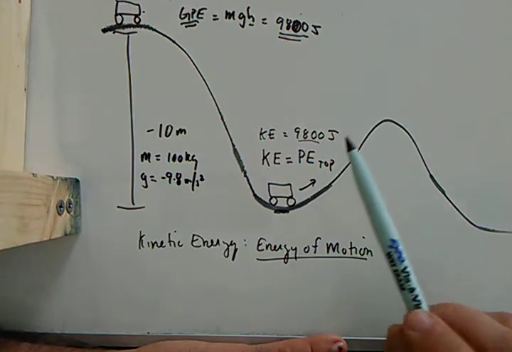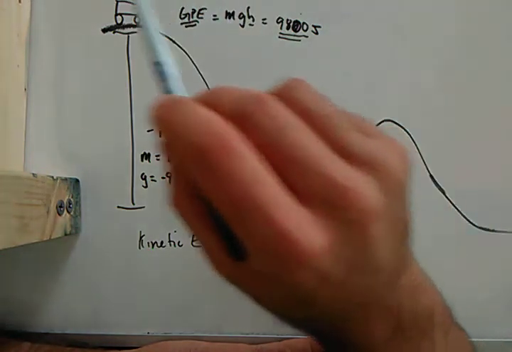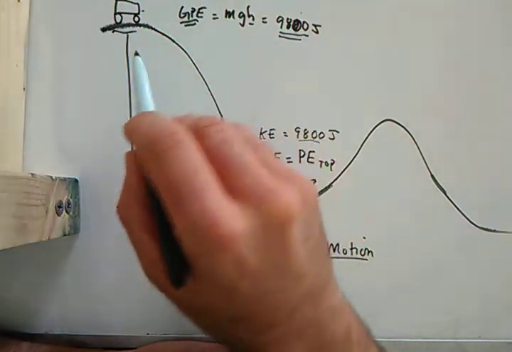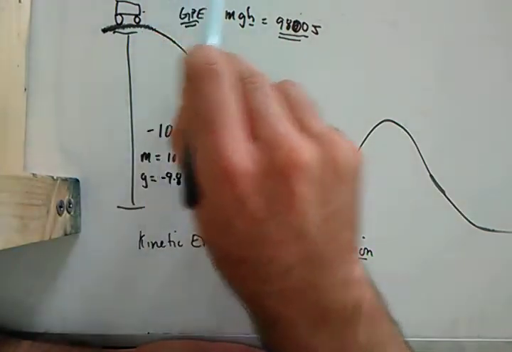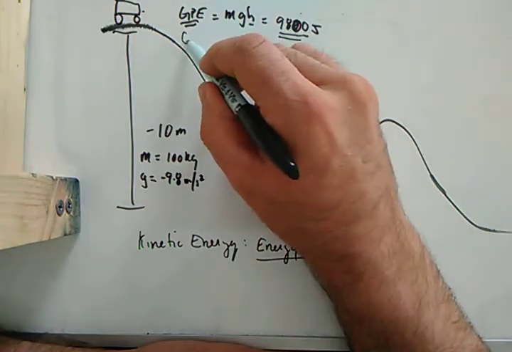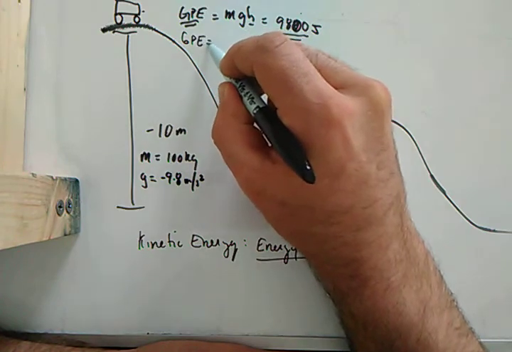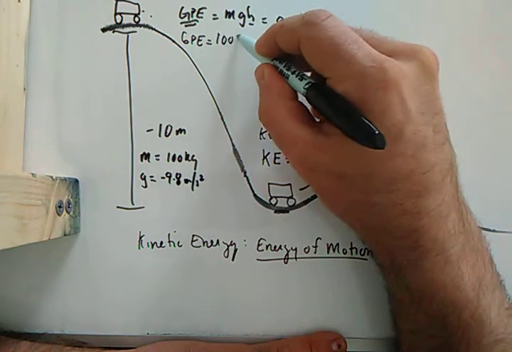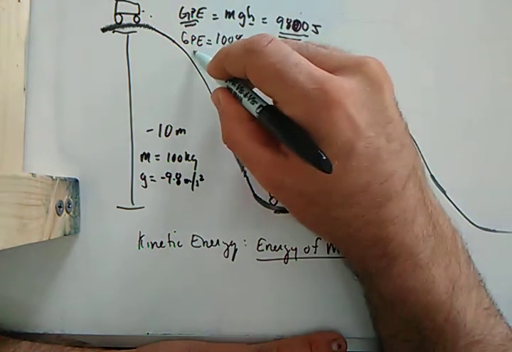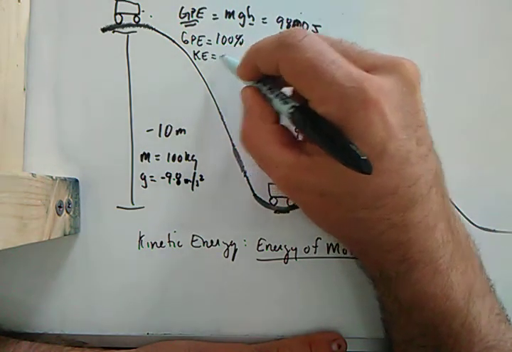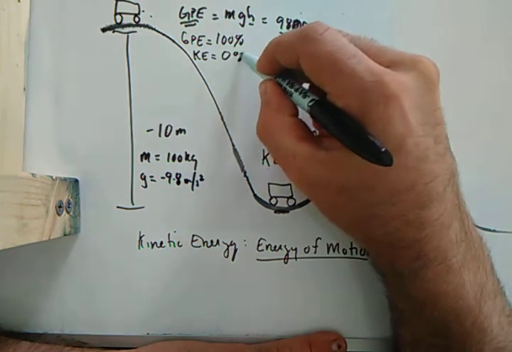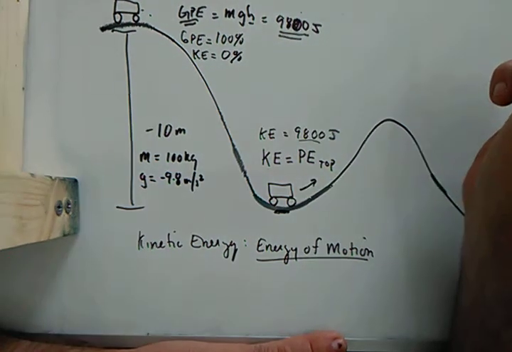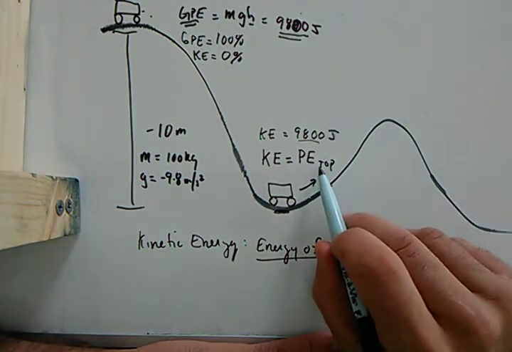So another way we could write this is, I'm going to try to fit it in over here. The gravitational potential energy, GPE, at the top of the hill is 100%. The kinetic energy at the top of the hill is 0%. It's not moving. Now, it does a little flip-flop here.